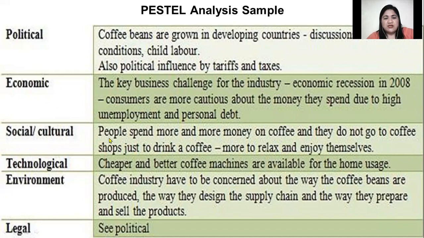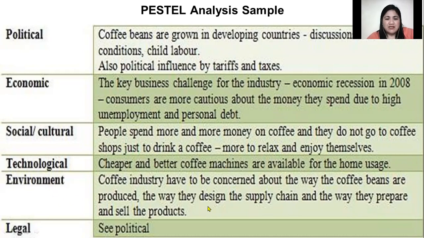Social and cultural, people spend more and more money on coffee. So dahil ito ay nagiging trend ngayon, may posibilidad na maraming bumibili kasi nagiging parte na siya ng cultural practice or cultural environment of the place where you intend to put up your business. Technological, so meron ng mas mura at mas magagandang coffee machines na pwede mong mabili.